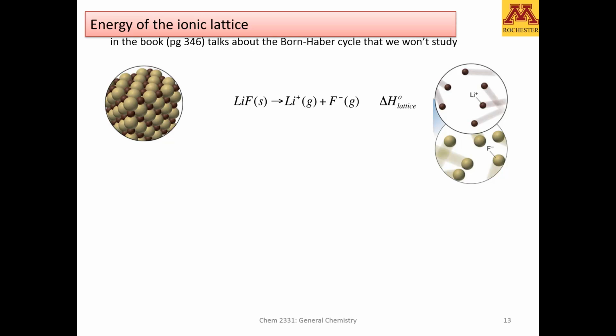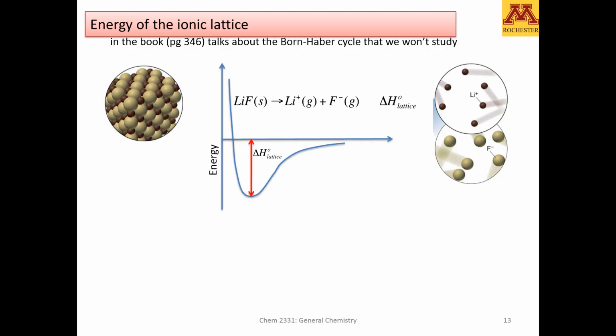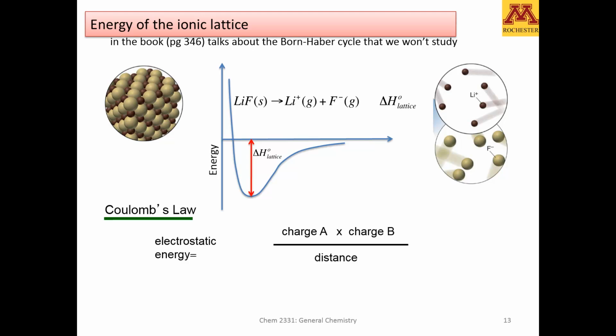Let's try to understand the ionic bonding from a quantitative point of view. The question is, how can we predict how strong the ionic bonding is depending on what ions it is made of? We want an estimation of how strongly attached the cation and the anion are in the ionic lattice.